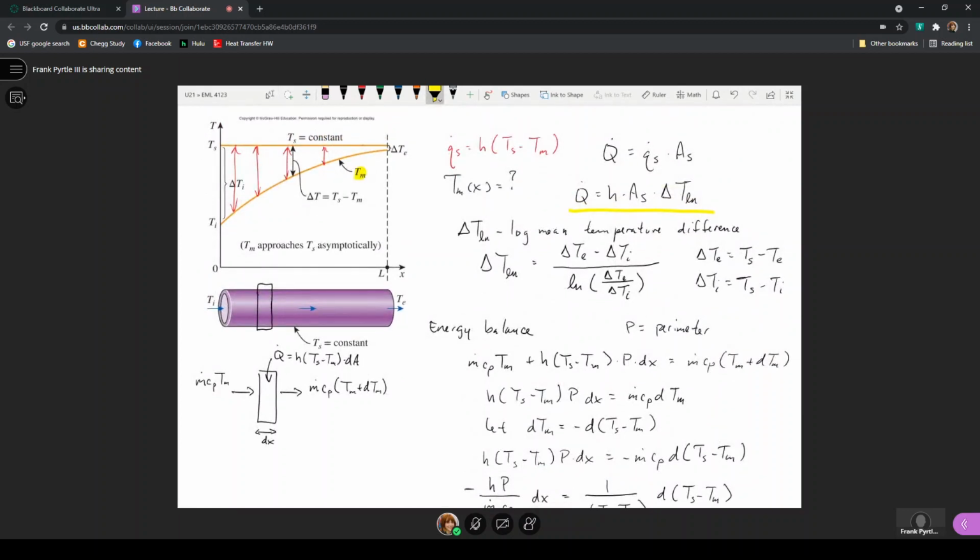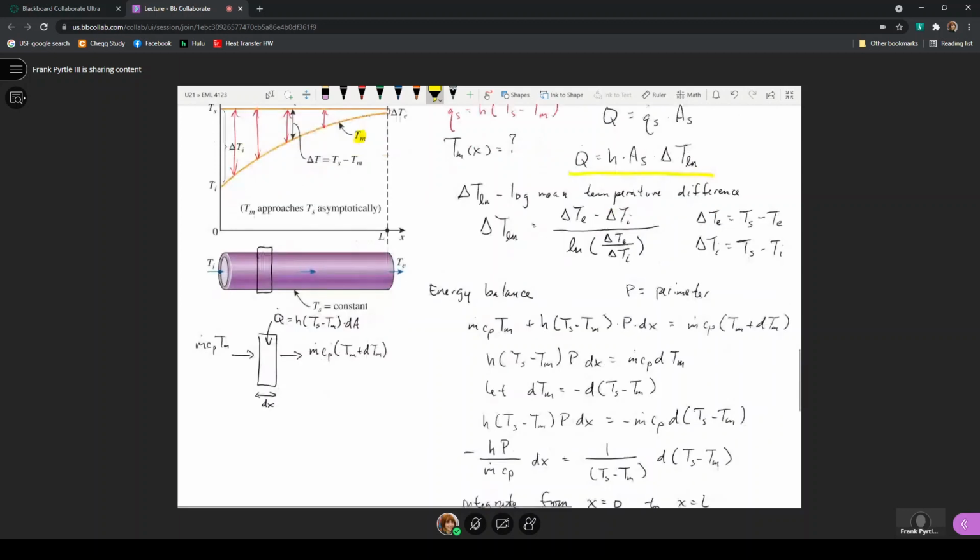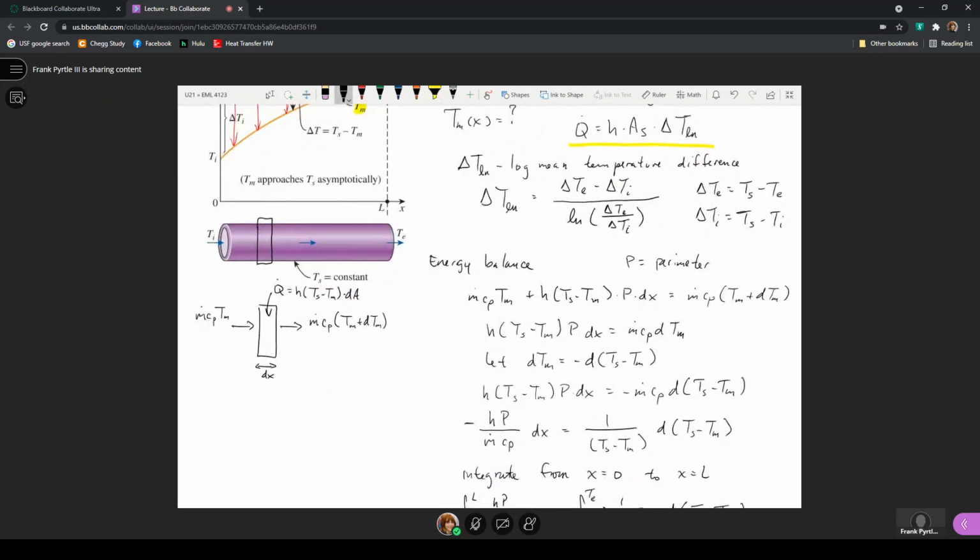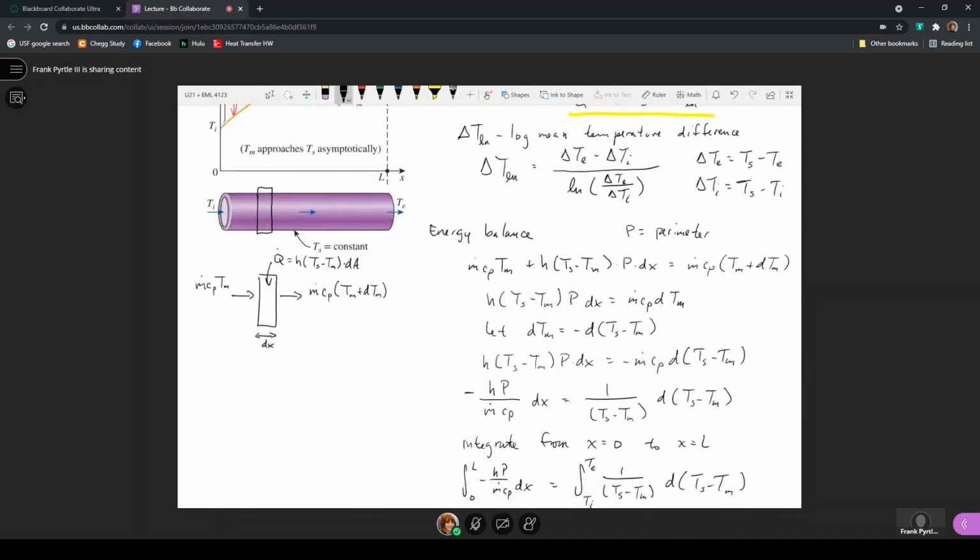So those expressions are ones that we would use, and no matter whether it's a constant heat flux or a constant surface temperature problem, the heat transfer rate into the fluid can always be written as Q dot is equal to the mass flow rate times the specific heat times the temperature at the exit minus the temperature at the inlet for the fluid.